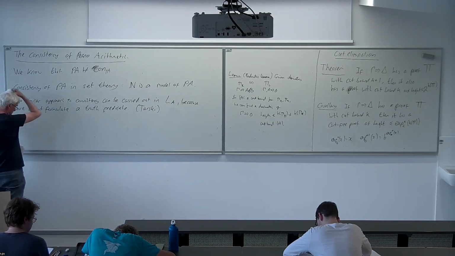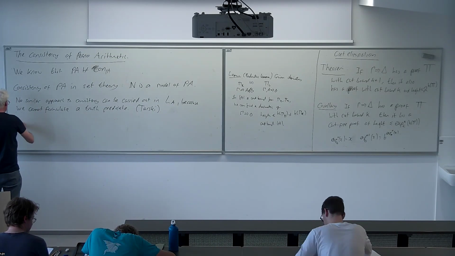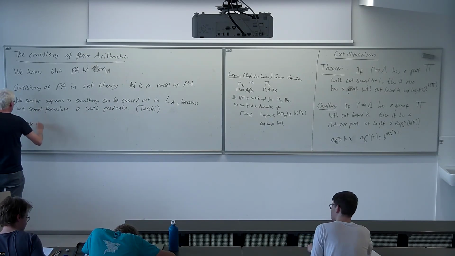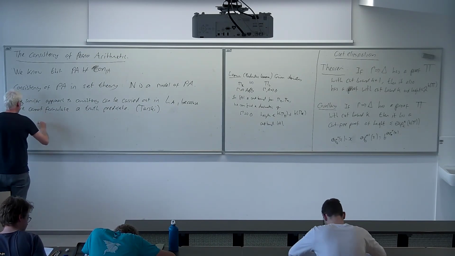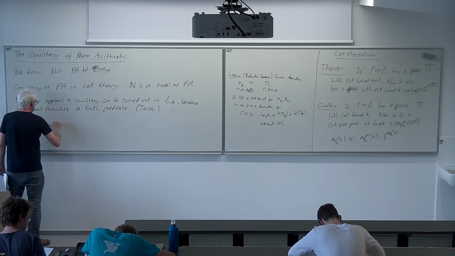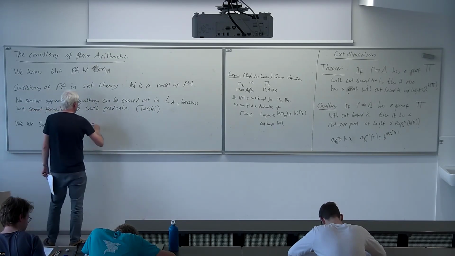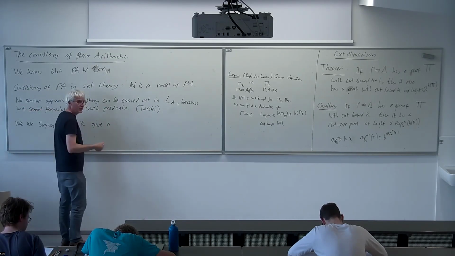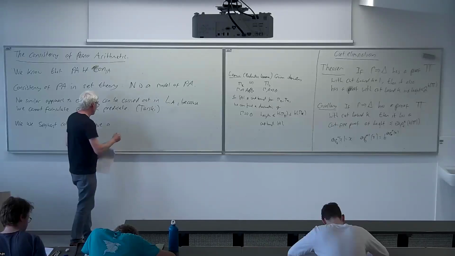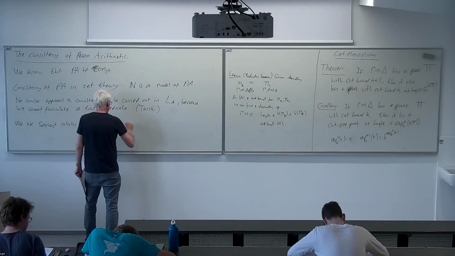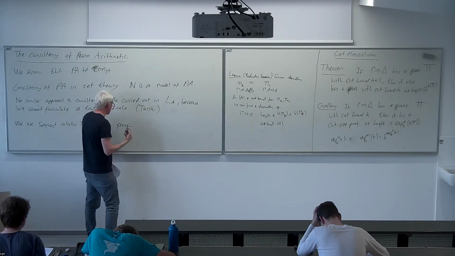Okay, so we shall use sequent calculus to give, I'm calling it a combinatorial proof, but it's about the combinatorics of proofs.